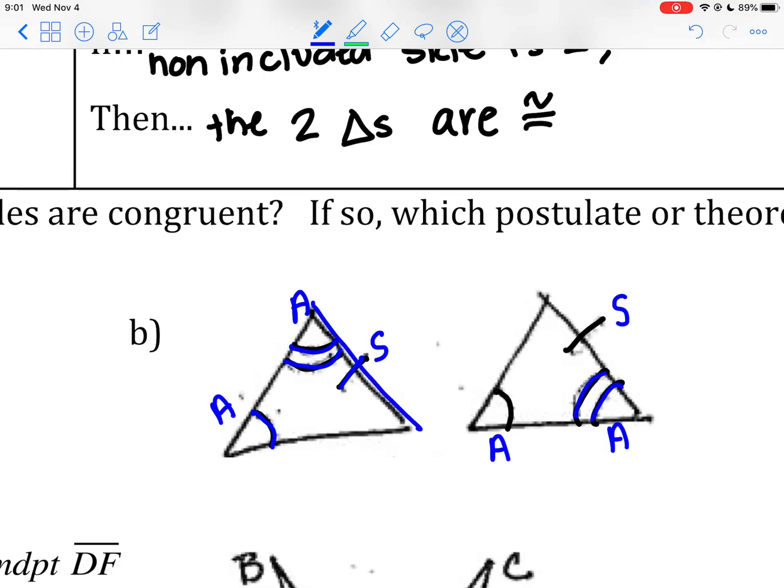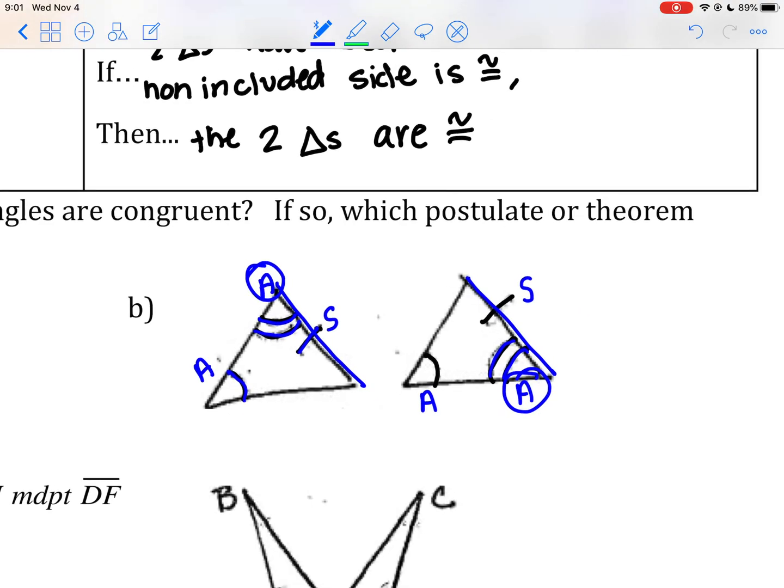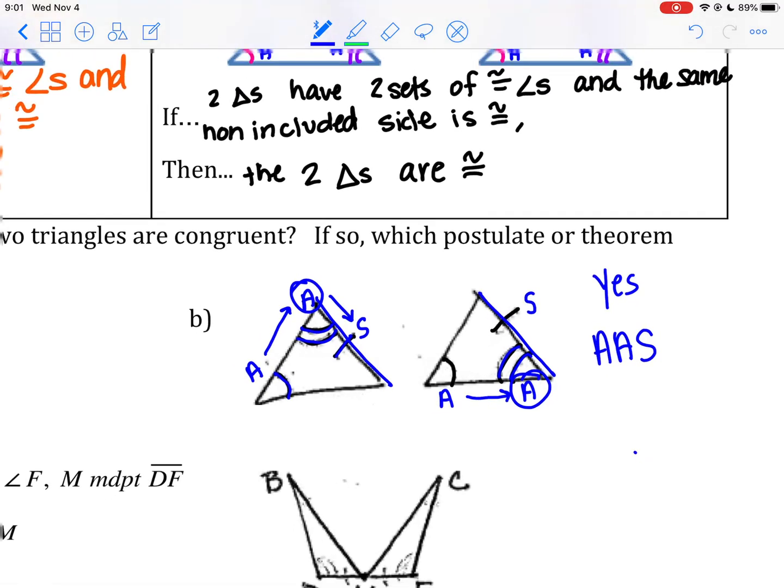So notice that it comes from the angle that had two markings. Same thing here. It comes from the angle that has two markings. So these are set up in the same order, even if they are in different orientations. It's flipped over. It still follows that same order, from angle 1 to angle 2 to side 1. So this one is yes, and we would use angle, angle, side to prove that those were congruent.